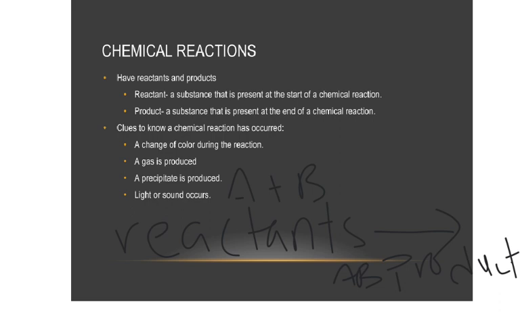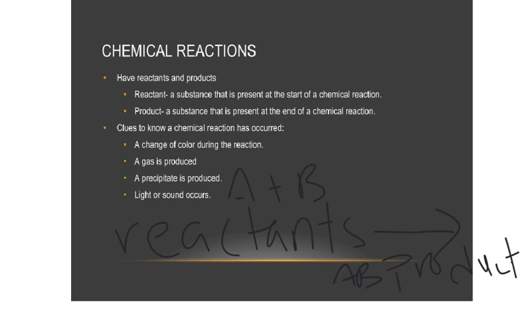Changing color we know is a physical property, but in a chemical reaction, if that has occurred, that is a good indication that a chemical reaction has occurred. We started with silver and yellow and we got white. It's kind of weird that it happened, but that is a good clue.